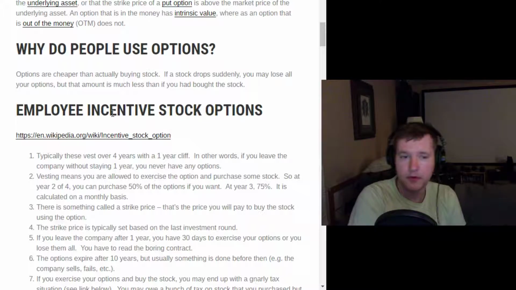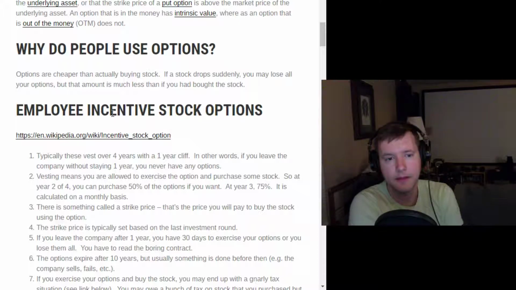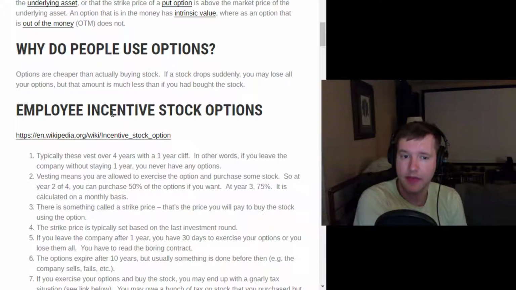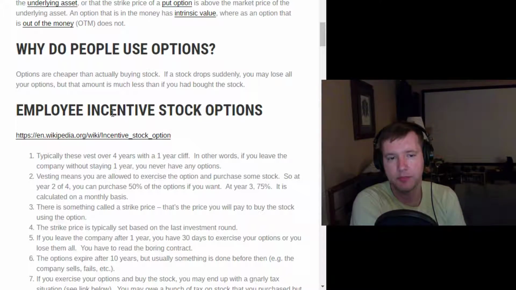If more people in the future invest money in the company, they may decide on a different fair market value for that company. And therefore, any options that are given out after that investment round are going to be priced at the new fair market value, and your old options will remain at whatever strike price they were at. Now, this can have some interesting effects.